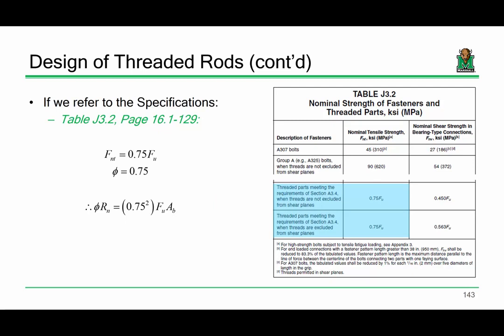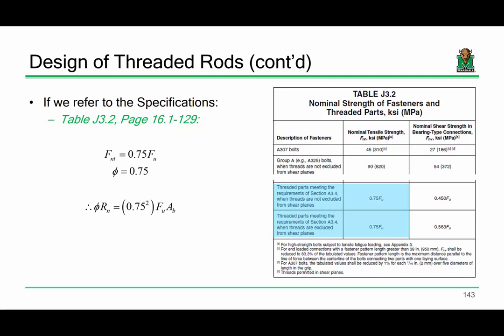This actually comes from the chapter on bolts, which we are going to have some significant experience with in the very near future. If you go to chapter J and look up the nominal tensile capacity of a threaded rod, it's always going to be 0.75 times the tensile stress. The way this table is structured, it lists different stresses, whether or not the threads are included or excluded from the shear planes.